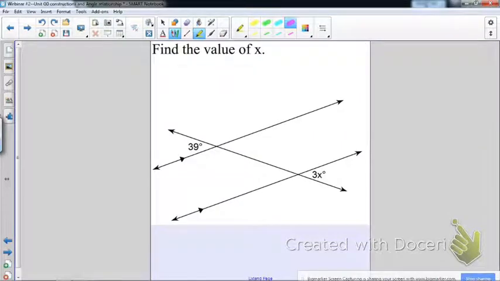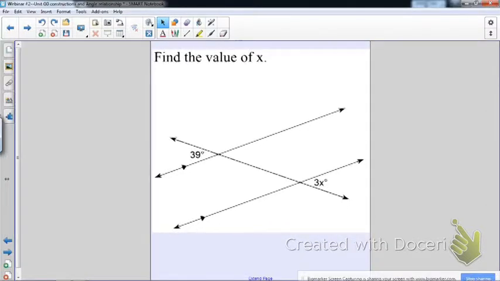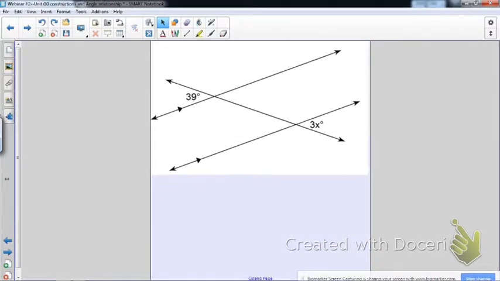And here comes all the fun part now. Now that you understand what they are, we can then go ahead. I'm going to move this. It says find for x. We're going to be able to see that we have a set of parallel lines that's cut by a transversal, right? So we'll give them letters, little l, little n, and then little m. Little m is a transversal to little l and little n.